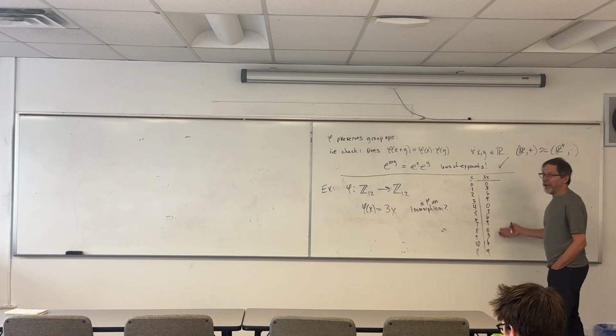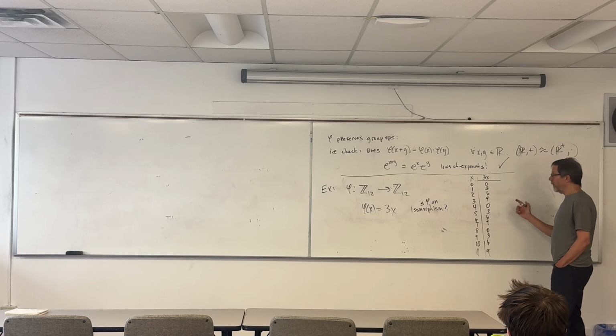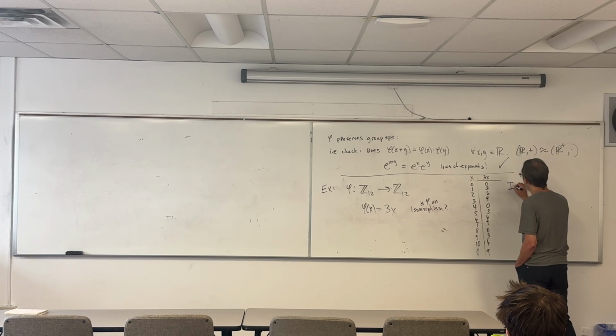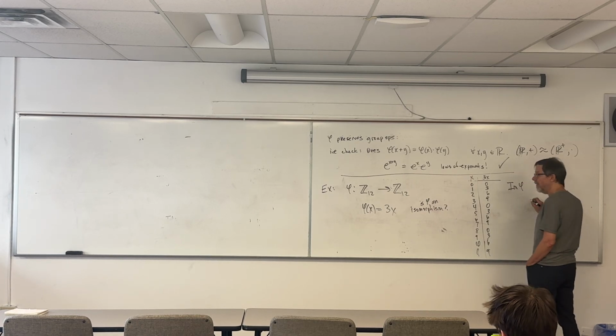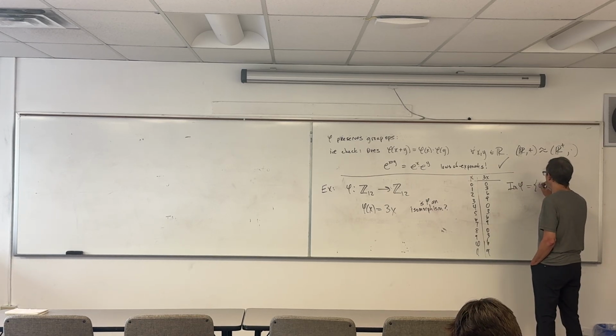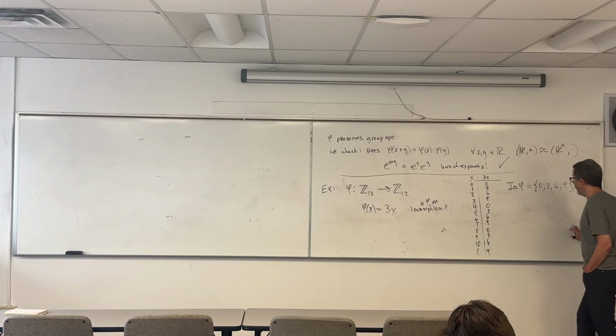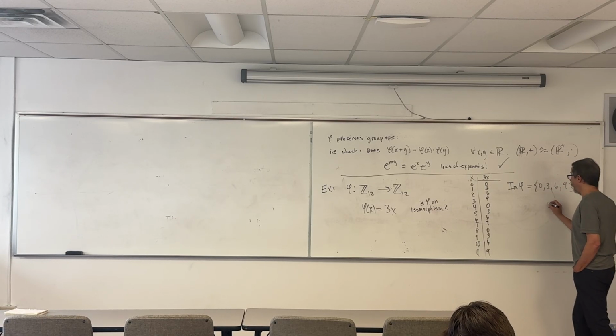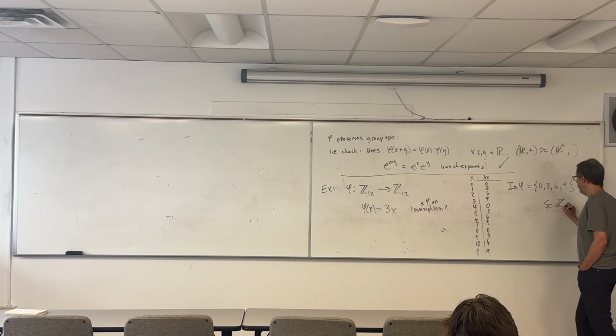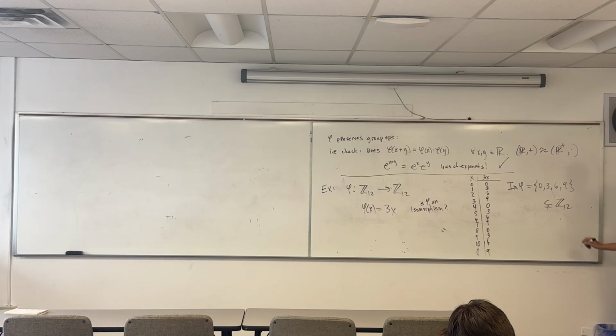So this thing falls pretty woefully short. Let's write this fancy. The image of phi is just the set {0, 3, 6, 9}. And that is certainly only a fraction. That is a very clear subset of Z12. So it's not onto.